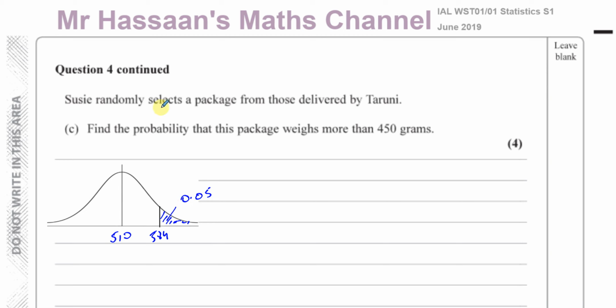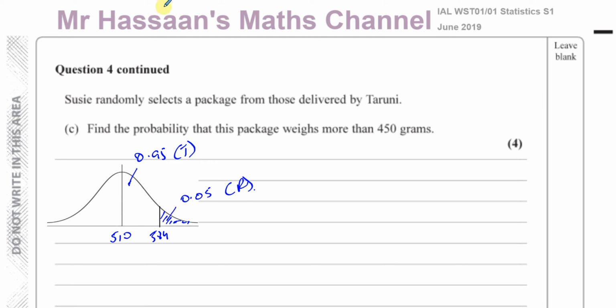And Taruni delivers all the other packages, which are less than that. So that total area that Taruni delivers is 0.95. That's the percentage of the packages delivered by Taruni, and that's the percentage delivered by Rav.